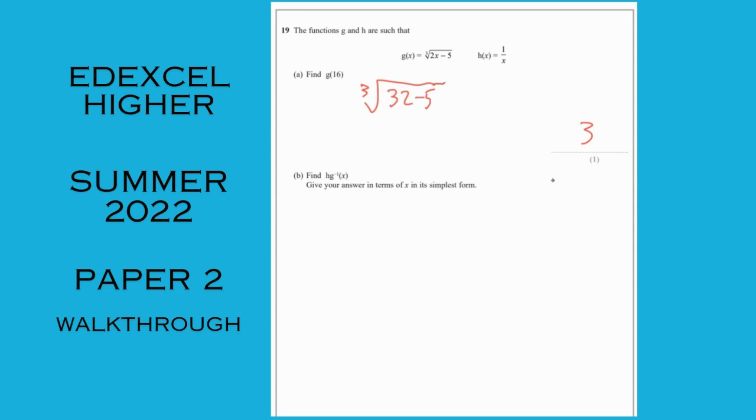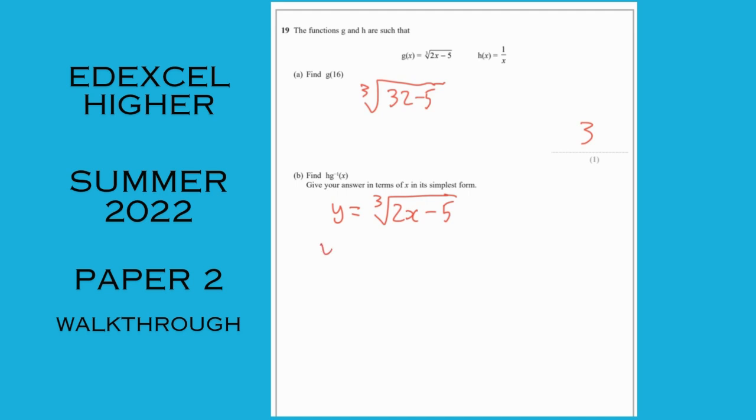Find the h of g to the minus 1. Well, let's find g to the minus 1 first. So different teachers explain it differently. I always went with let y equals and rearrange to make x the subject.